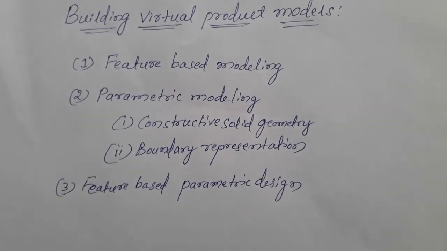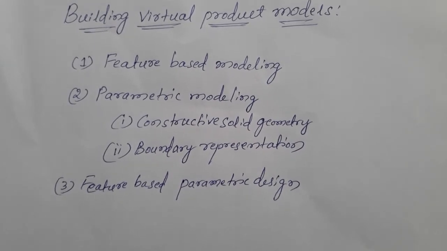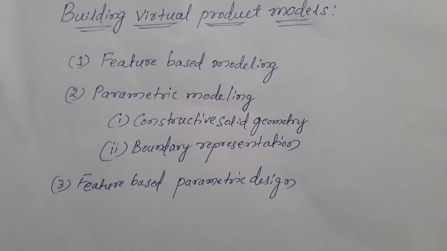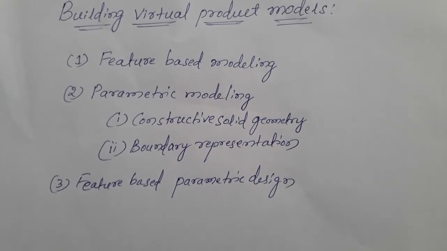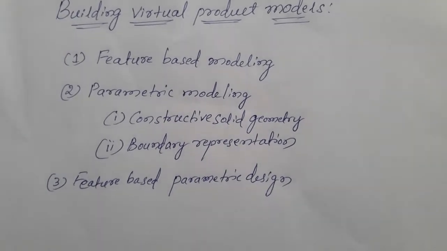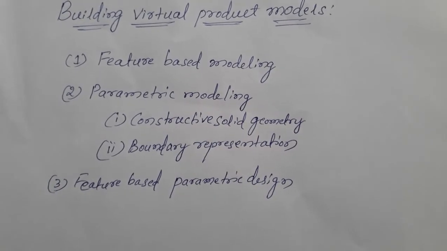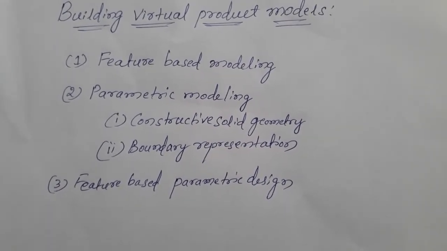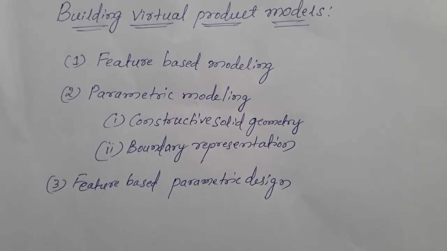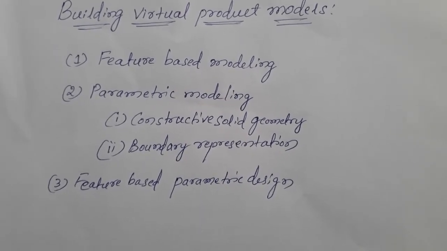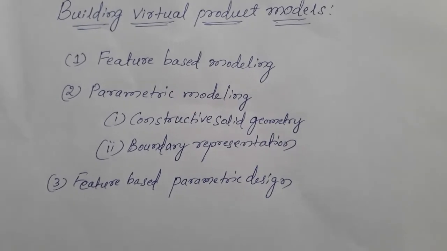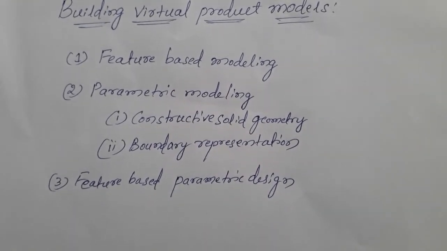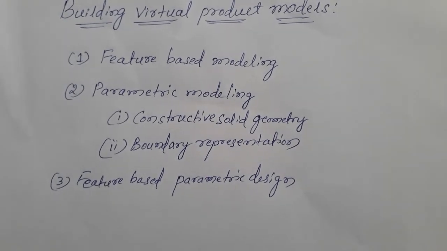Once the cube is created, if you require a hole in that cube, then by using the standard library, we take the hole feature and locate it in the cube where we require it.